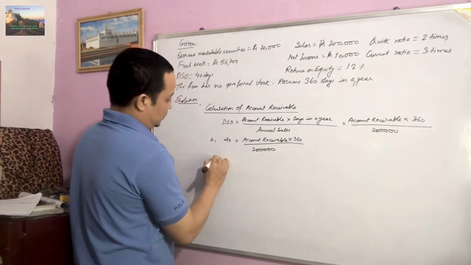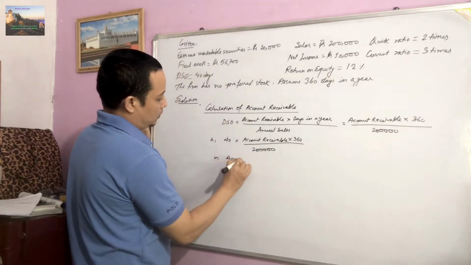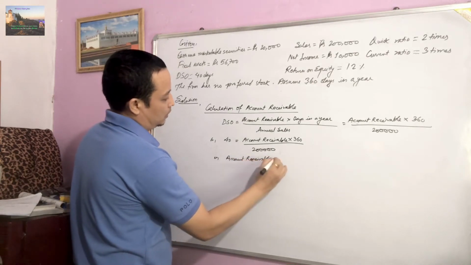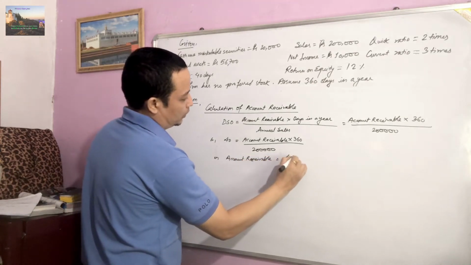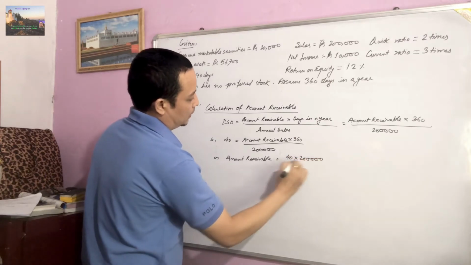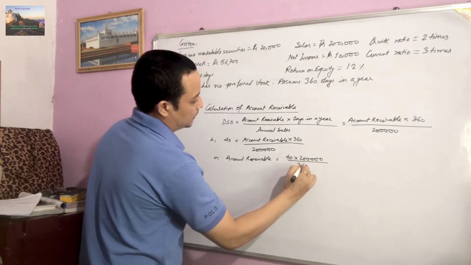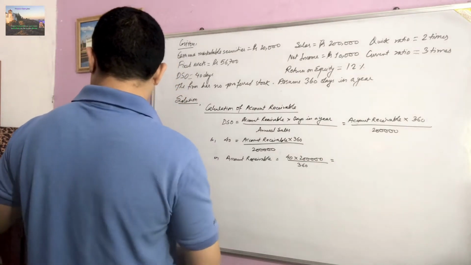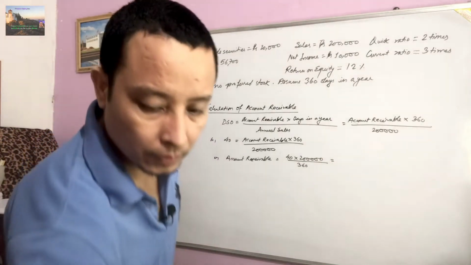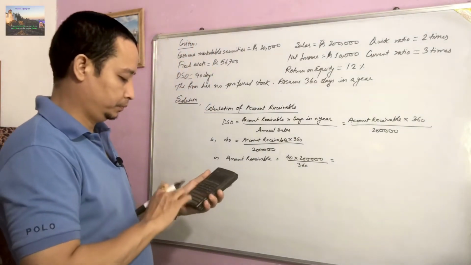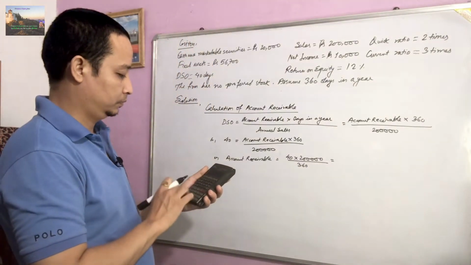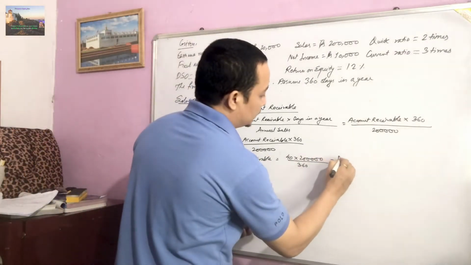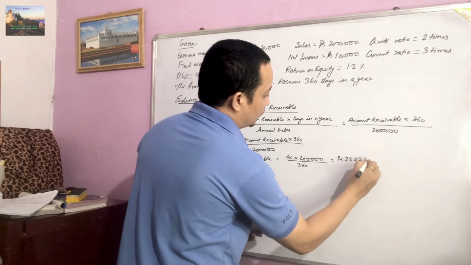Or here account receivable equal to 40 into 2 lakh divided by 360 equals rupees 22,222.22.